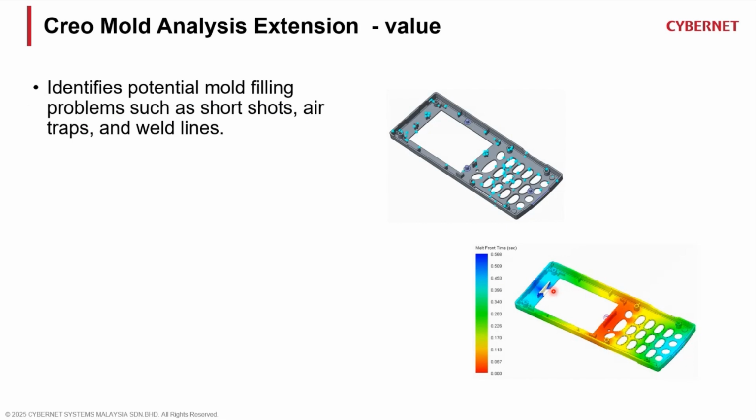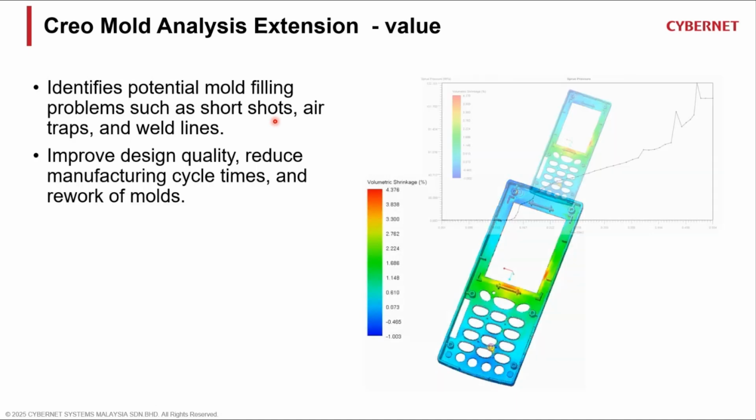So for the value that the Creo Mold Analysis extension can bring, the more important thing is that it is able to identify the potential mold filling problems, such as short shot, air trap, and weld line. It also helps us as designers to improve our design quality, reduce the manufacturing cycle time, and eliminate the rework of the mold.